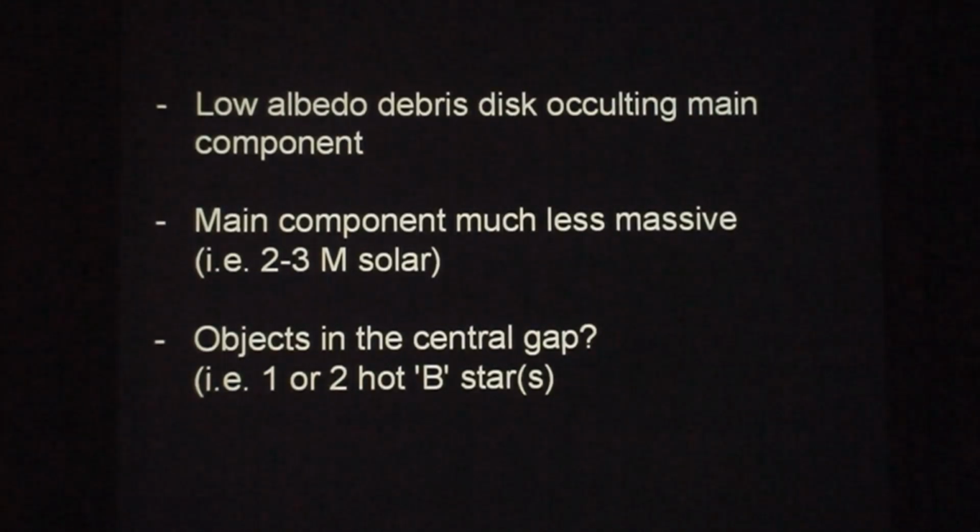As far as objects inside the disk, the jury is still out on this one, as I said earlier. There can be 1, perhaps 2 stars found in the gap. What they do know, or they're quite sure, is that it's an upper main sequence hot B-class star. The disk is about 8 astronomical units in diameter and about 0.6 astronomical units in thickness.